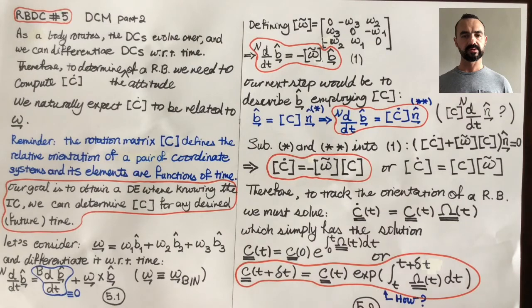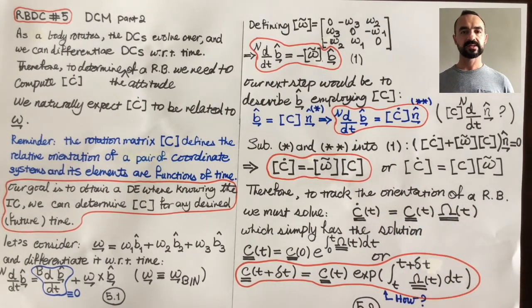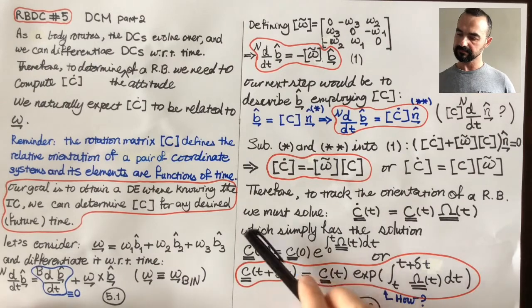And this is all we are looking for, because we now have a first order differential equation. As soon as we have an initial condition, we can solve this differential equation for any future time. From this equation, we can determine our direction cosine matrix for any future time. At any future time, we can determine the orientation of body frame with respect to inertial frame.